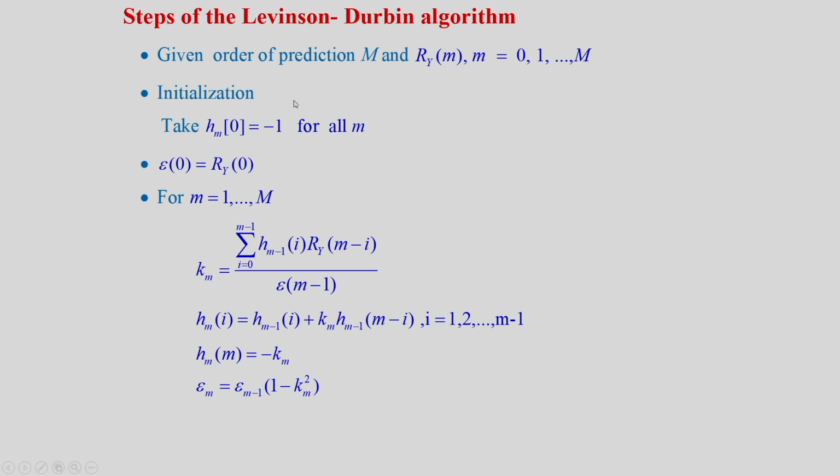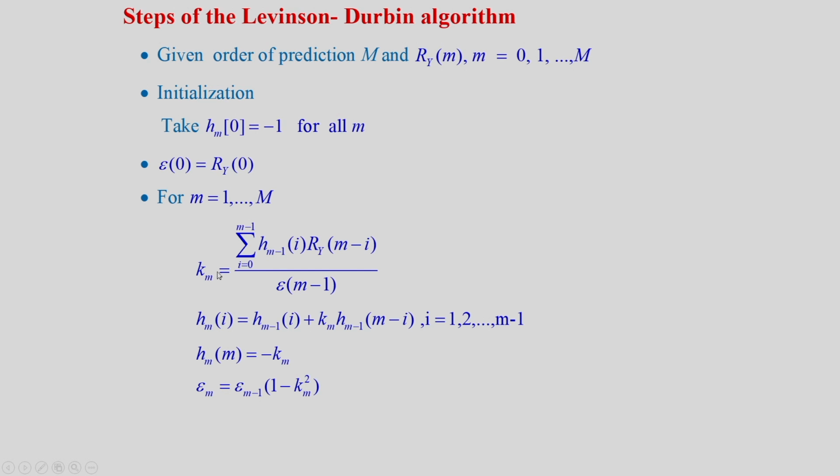Let us see the steps of the Levinson-Durbin algorithm. Given the order of prediction m and the autocorrelation data for m equal to 0 to m, we initialize Hm of 0 equal to minus 1 for all m. Then we put epsilon 0, the mean square error of the 0th order predictor, equal to Ry0, and for m equal to 1 up to m, we do these steps.